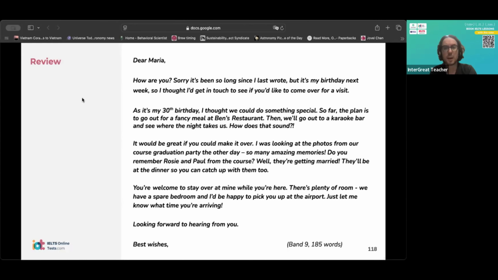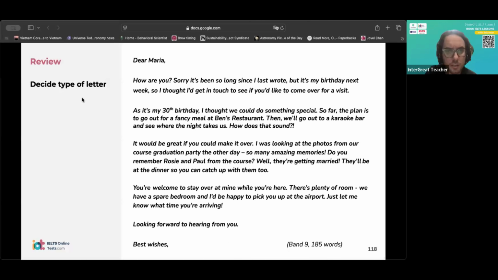Most of the time you should be able to do that with the question that is given to you. If you are aiming for band 6 or lower, or even band 6.5, you don't need to write so much. So just make sure that you write 150 words and you should be okay for hitting those band scores.